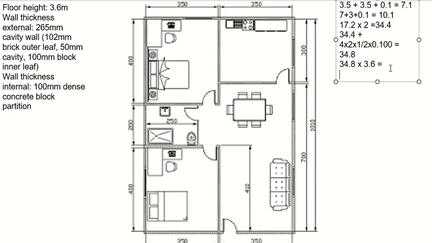For the cavity itself now, I need the center of the cavity. I already have 34.8, right? I will add half of the internal face plus half of the cavity. I'm at the center of the internal face. I'll add half of the internal, I will get the edge of the cavity.